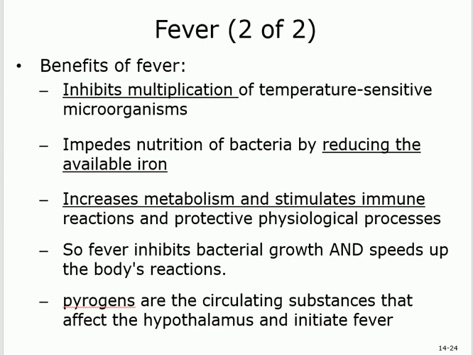So most importantly, fever inhibits bacterial growth and speeds up body reactions. Is that okay so far? So what's good about the fever? The environment is not good anymore. This is one. Impeded nutrition, this is two. Stimulated metabolism. What's good about increasing metabolism? Energy, and stimulating the immune response because of the presence of the energy. So all of these are the benefits of the fever.